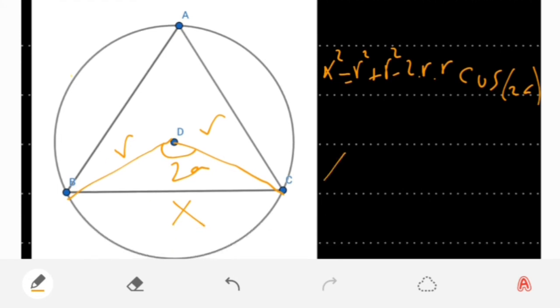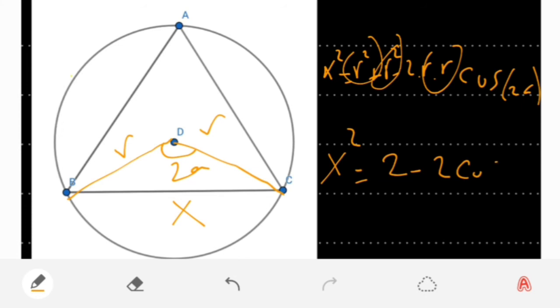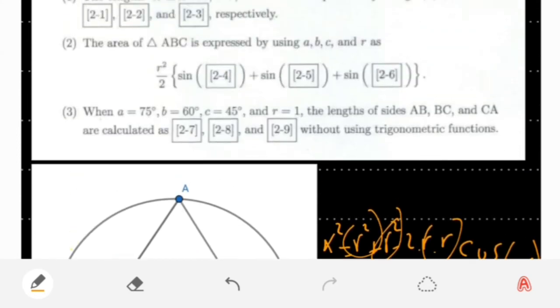So x squared is equal to R squared, which is 1, plus R squared, which is 1. 1 plus 1 is 2, minus 2 multiplied by 1 multiplied by 1, it is 2 multiplied by cosine of 2A, okay? So now what is A?